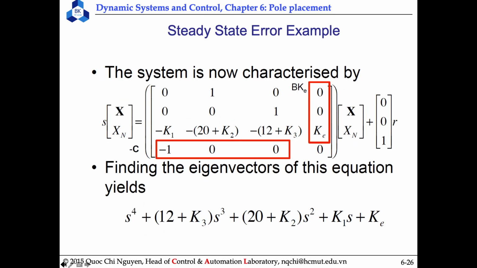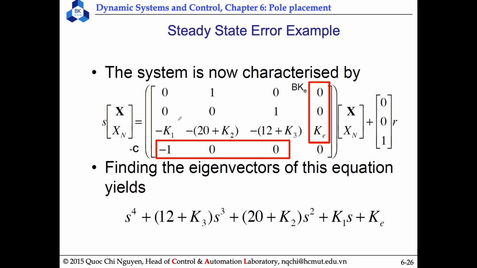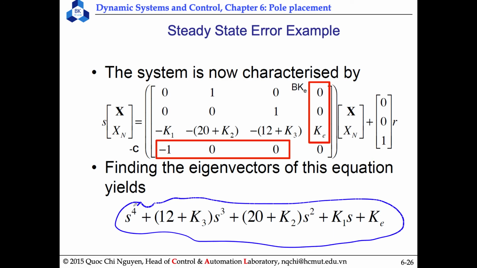If we have the new characteristic equation, we have new poles. Here we already have two poles.